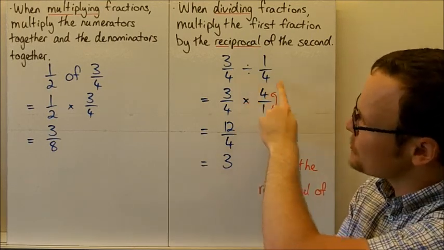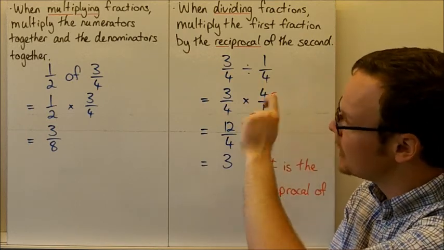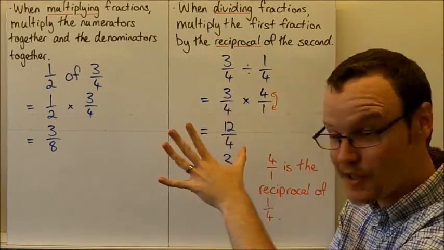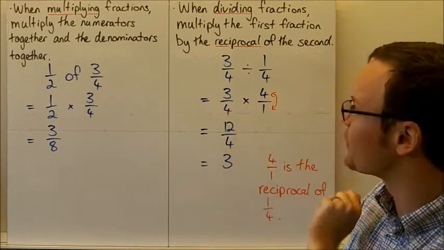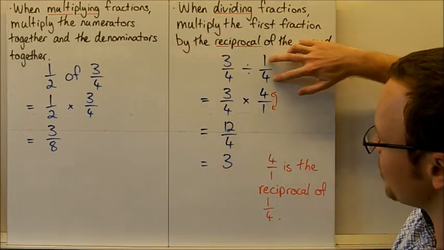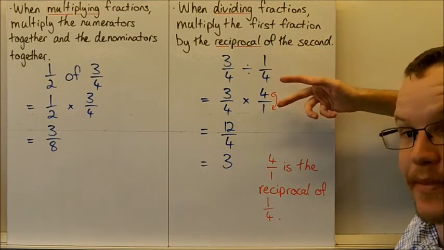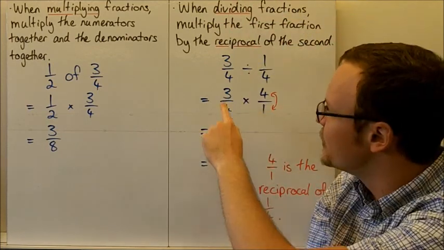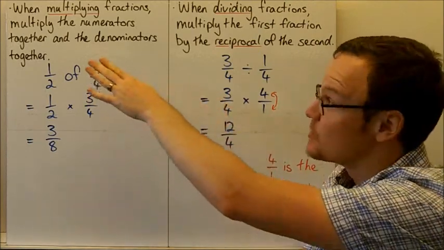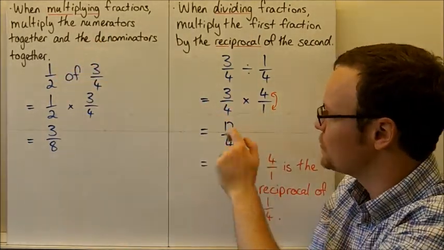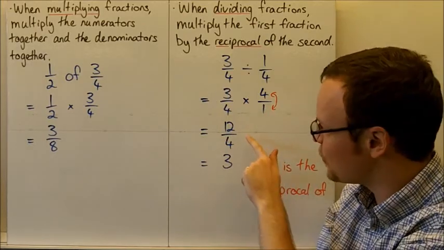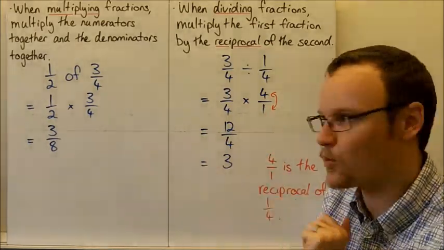So 3/4 divided by 1/4 is equal to 3/4 times 4 over 1. See, we've taken the numerator and denominator and we've switched them. So 3 times 4 is 12, and then we simply multiply the numerators and denominators. 3 times 4 is 12, 4 times 1 is 4, and 12 over 4 is 3. 12 divided by 4 is 3.